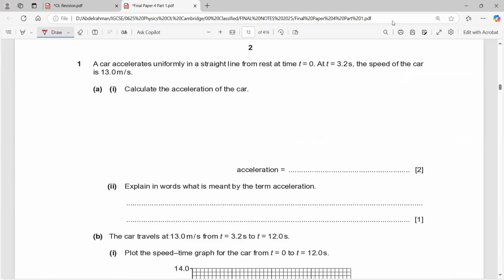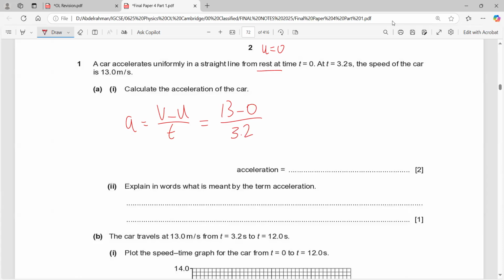You have a time, you have an initial speed, and you have the final speed. Acceleration equals v minus u over t, right? v minus u is 13 minus u. What is u? From rest, so u equals 0. 13 minus 0 over t, which is 3.2 seconds.